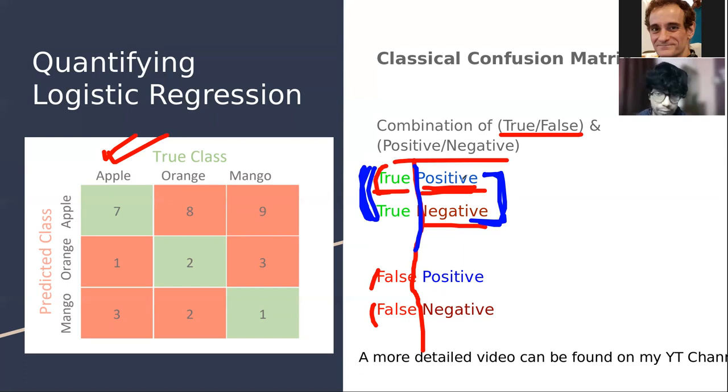So what would be true positive? Read it from right to left: the model predicted it positive, and it was actually positive. What does false positive mean? The model predicted it positive and it was not positive.